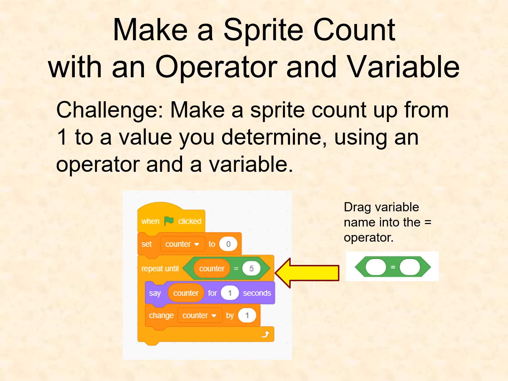So we could say repeat until the counter equals 5, or until the counter equals 10. So look how much more flexibility that allows us, and interactivity with our student users, because we could ask the student, what number do you want the sprite to count to? And we could have that processed by the coding.